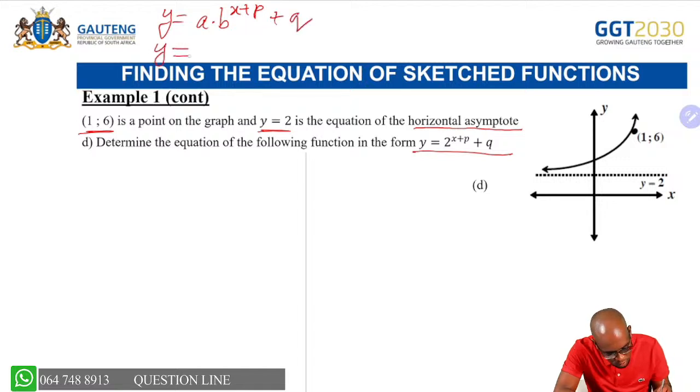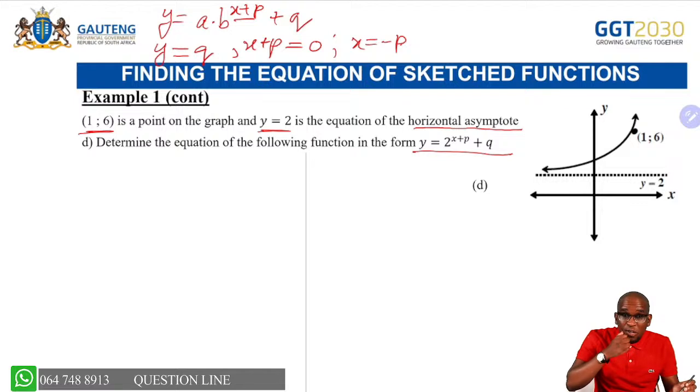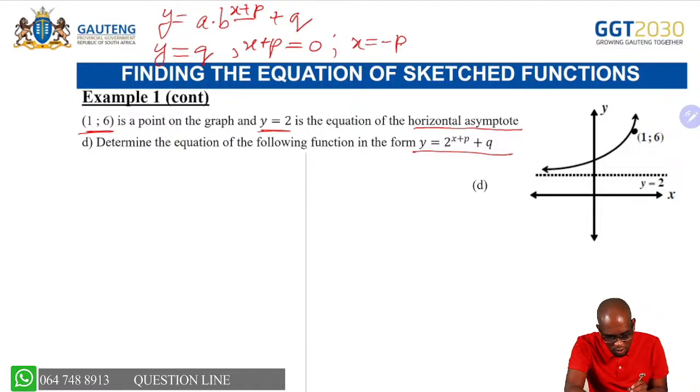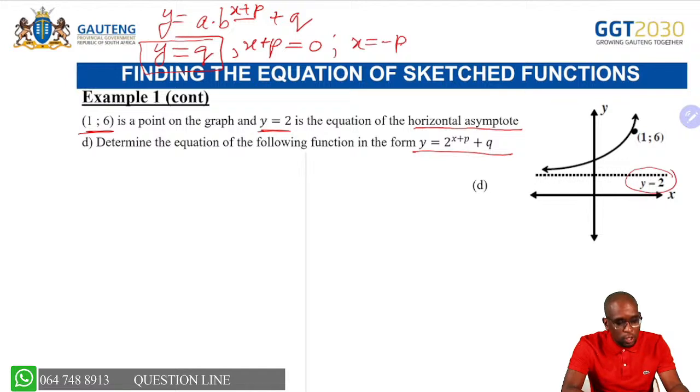The horizontal asymptote is y = q from the general form, and to find the vertical asymptote, we equate the exponent to 0, so we get x = -p. Now we check what is given. We are given the horizontal asymptote y = 2, so we substitute it to get the value of q.